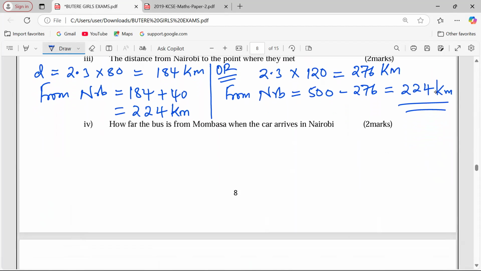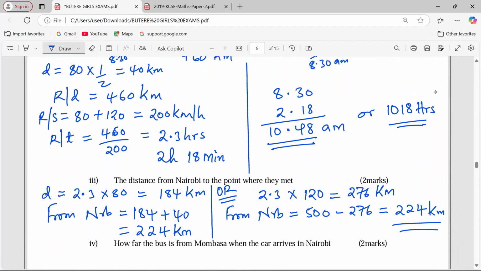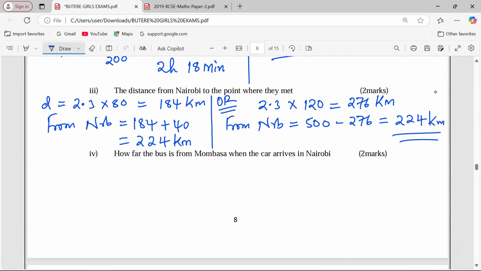Let's look at Roman 4. How far the bus is from Mombasa when the car arrives in Nairobi. We said in Roman 1 that the car arrives at 12:40. At 12:40, the car is arriving.